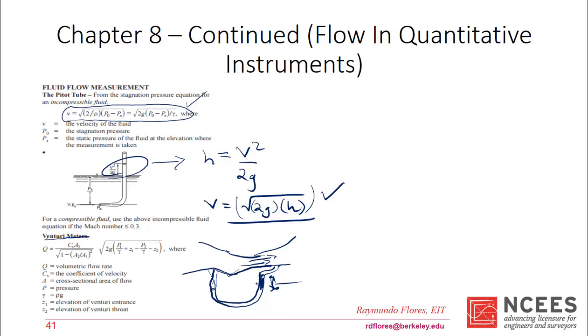Basically, when you're determining everything, you're just using these equations, and this equation will tell you what the flow rate is here. This is very poorly drawn, but just know to use this equation.